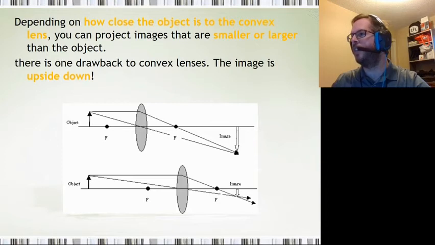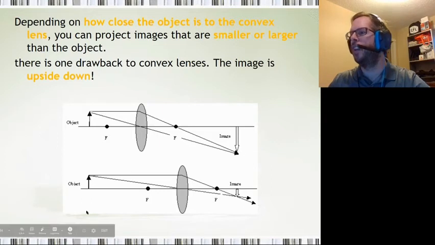It is inverted. It is larger than the original object, and it is a real image. Notice that the rays that are connecting to this image are all solid lines, which is indicating that it is a real image.